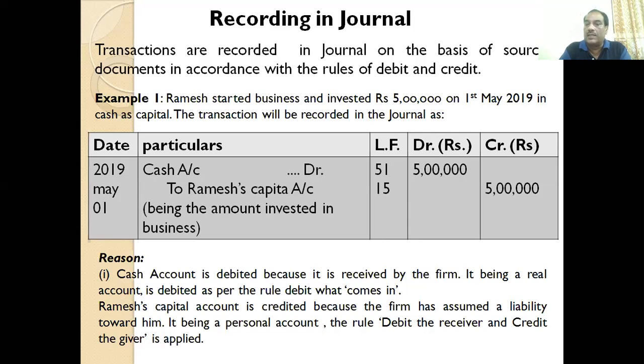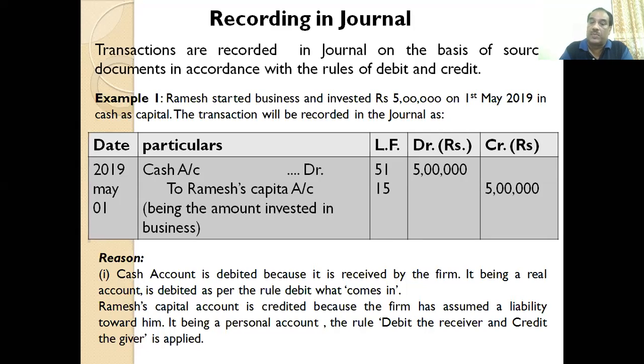Cash account is debited because it is received by the firm. Ramesh has invested rupees 5 lakhs and this amount has been received by the business in the cash account. So cash account is debited because it is received by the firm. It being a real account, cash account is a real account, right?